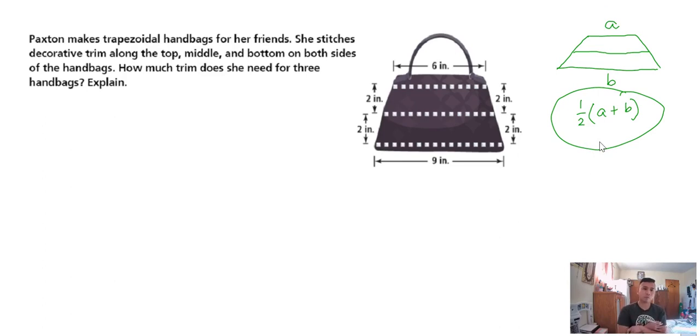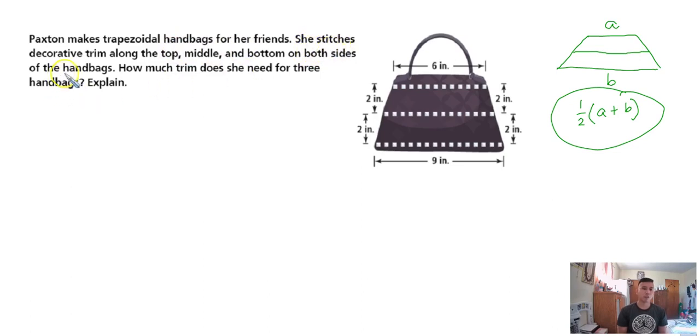Now in here, what we are going to do is find how much trim she needs for the 3 handbags. So we have to explain that. Step 1 is to find the value of X. Paxton makes trapezoidal handbags for her friend.